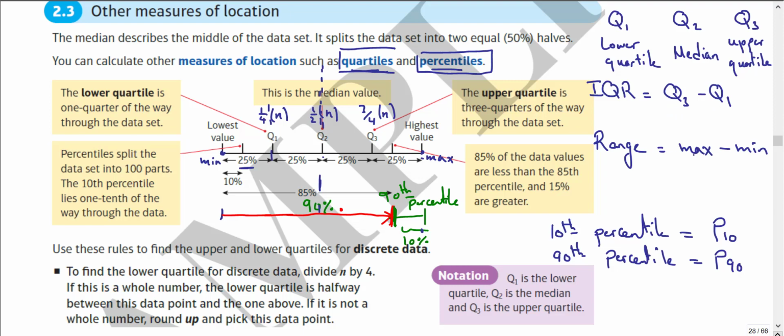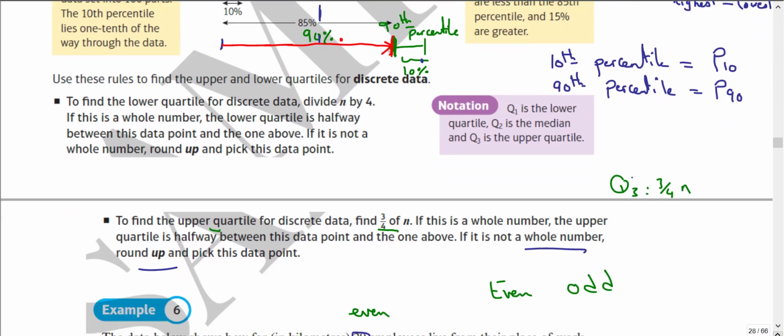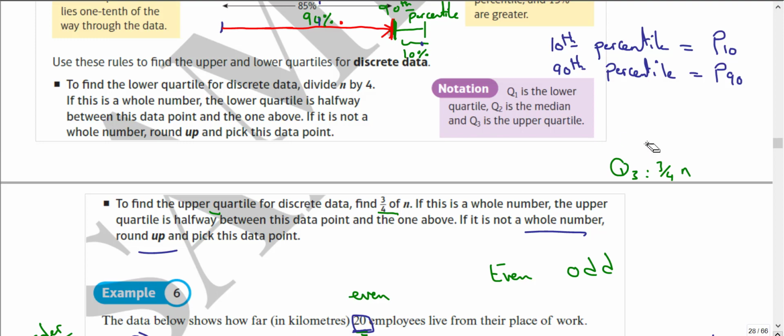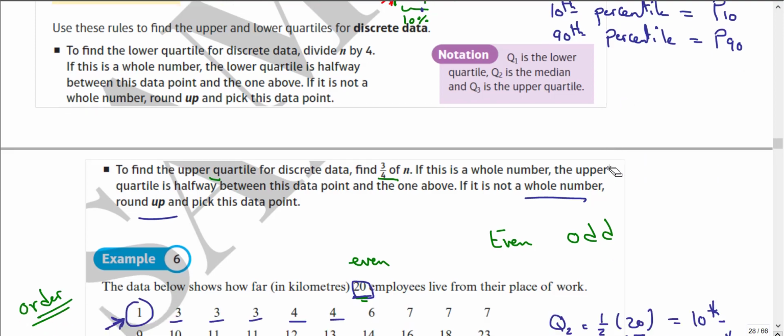What's the range? Maximum minus minimum, or highest minus lowest. You can use the words maximum, minimum, or highest and lowest. Are you following?